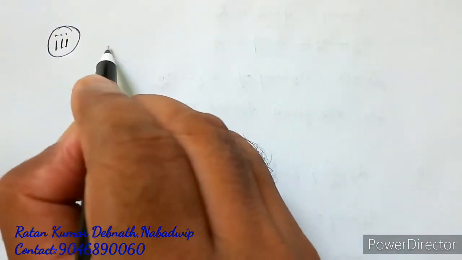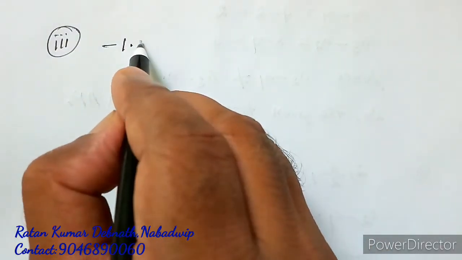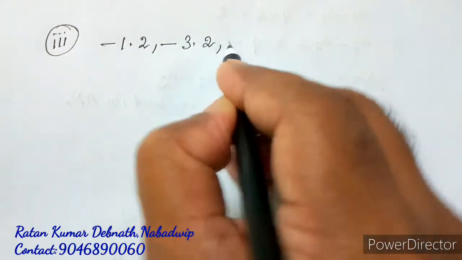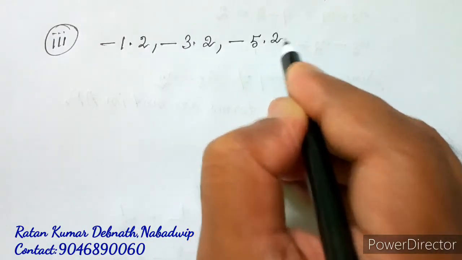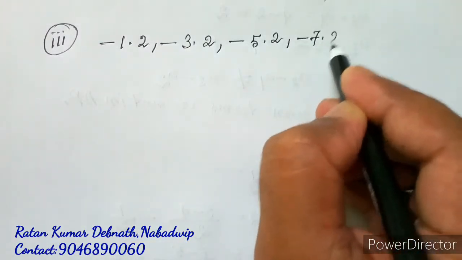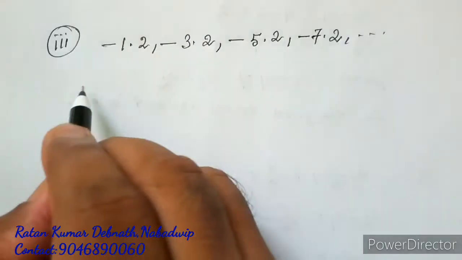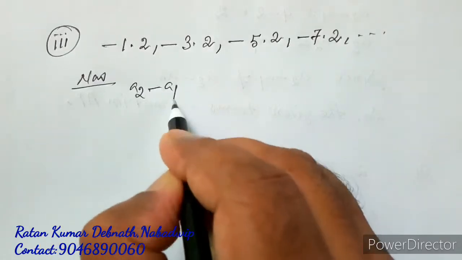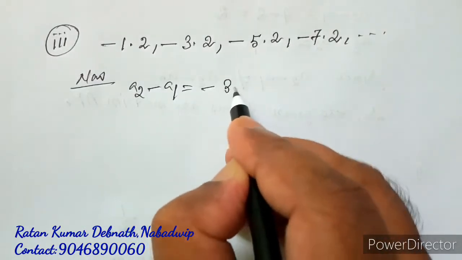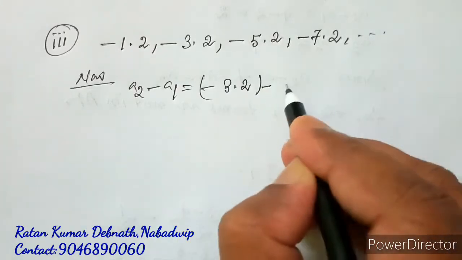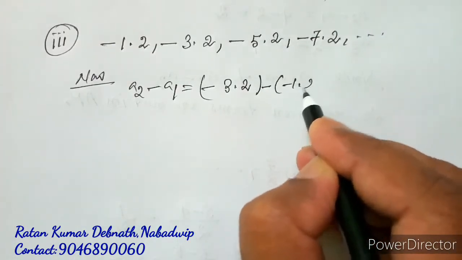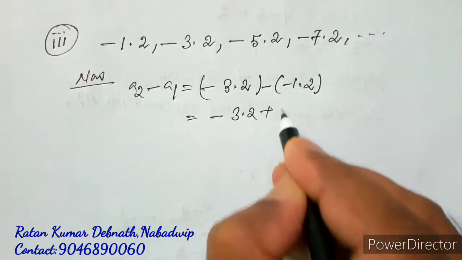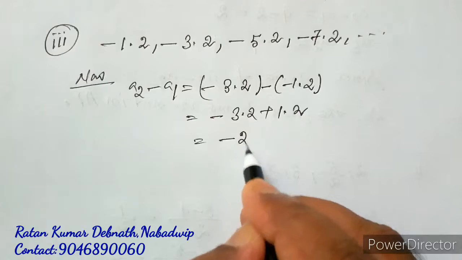Question number 3 of 4: the numbers given here are minus 1.2, minus 3.2, minus 5.2, minus 7.2, etc. Now a2 minus a1 equals second term minus first term, minus 3.2 plus 1.2 equals minus 2.